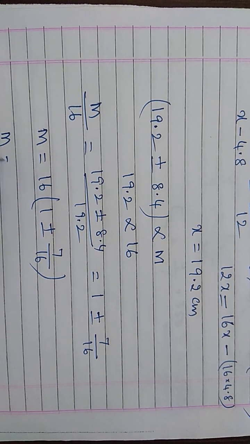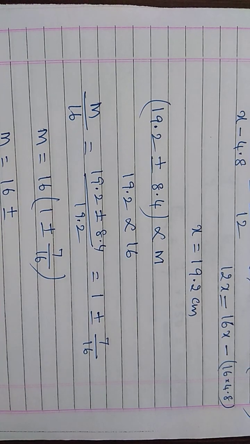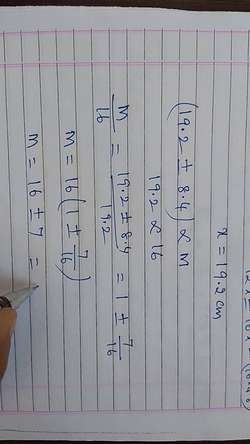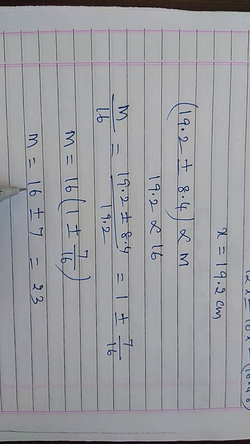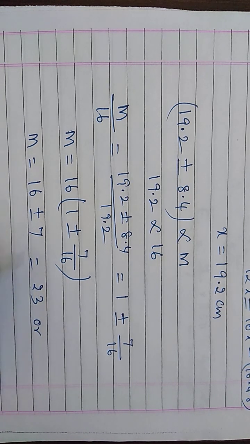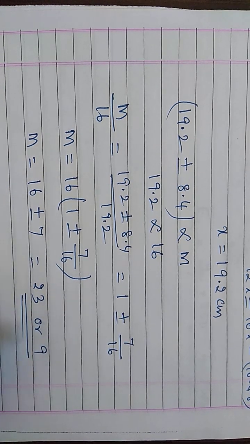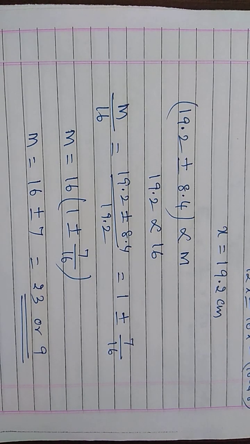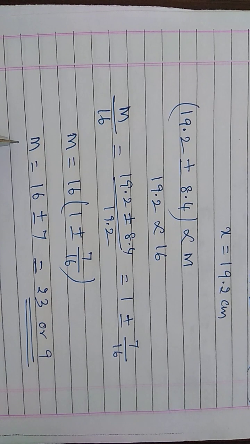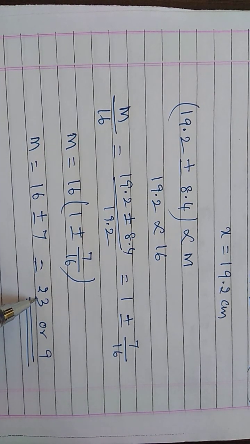Therefore, M is equal to 16 plus or minus 7. That is equal to either the mass number is 23, 16 plus 7, or the mass number is 16 minus 7, that is equal to 9. So these two are the answers. The mass number is either 23 or 9.